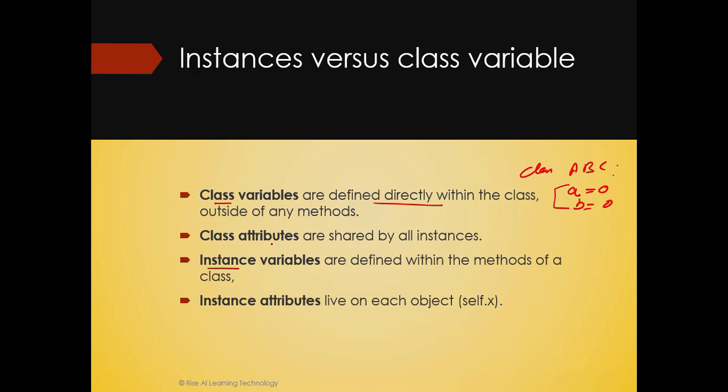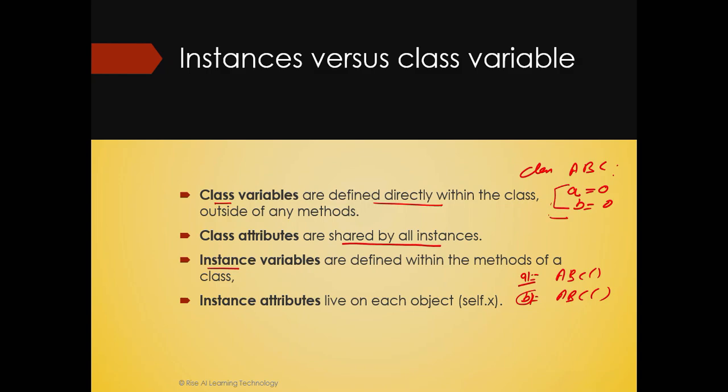And the second thing is, once I am creating this class variable or class attribute, they are accessible via all the instances. If I created one instance A1 equal to ABC and I created another instance B1 equal to ABC, this A1 can also access these two class variables, and this B1 can also access these class variables.